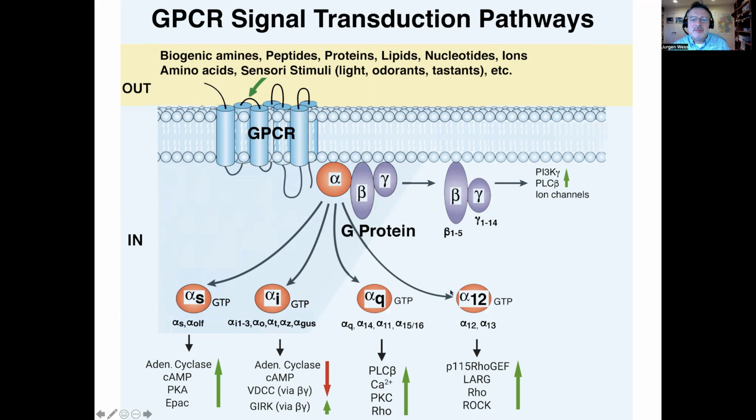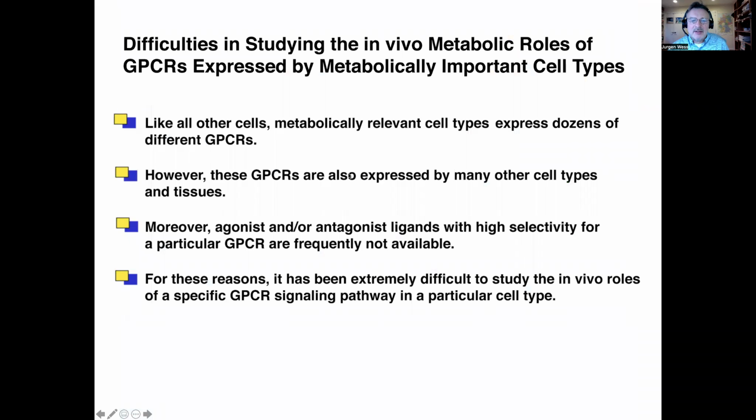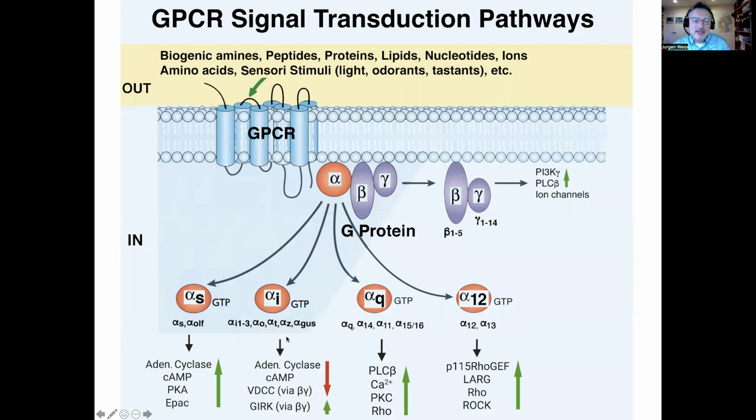The G proteins are named after the alpha subunit contained within the G protein heterotrimer. The activated alpha subunits are then able to modulate specific intracellular signal transduction pathways and ion channels, ultimately leading to the desired cellular response.